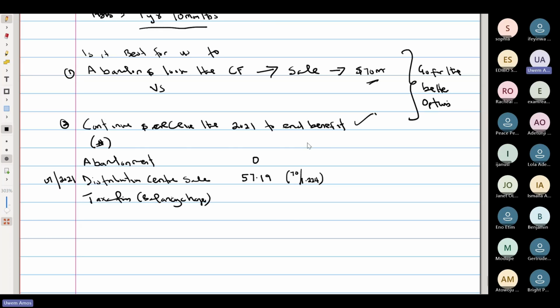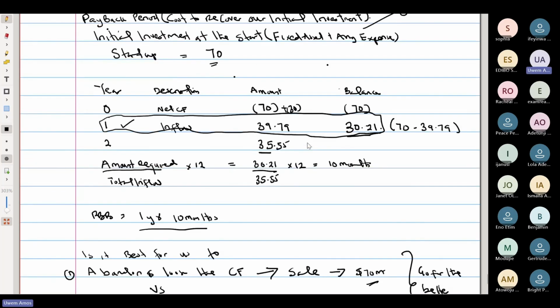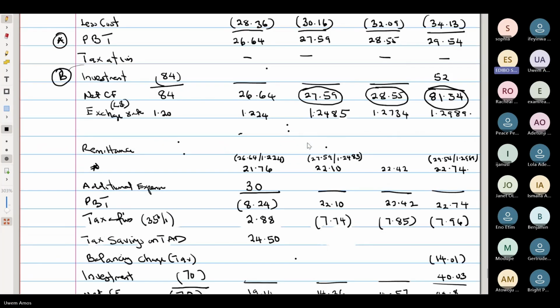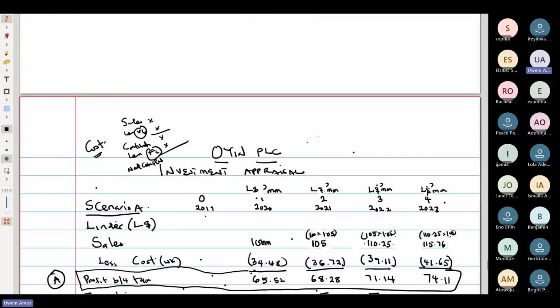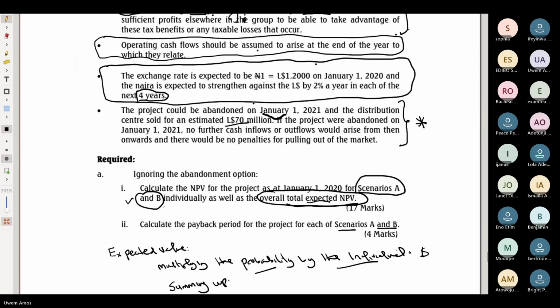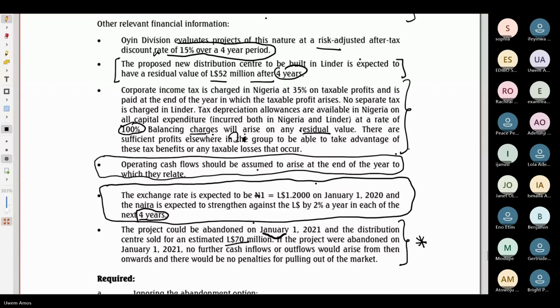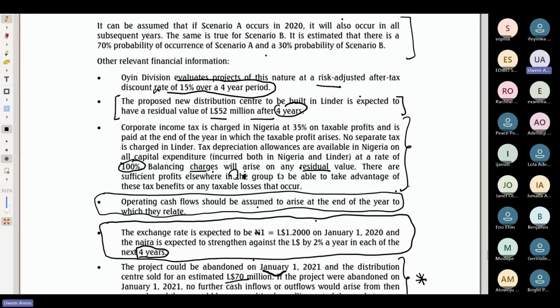Okay, we need to pay tax. When are we going to pay tax? We're not going to pay tax on January 1. We're going to pay tax at the end of the year. Let's go back to our question. The question says that corporate income tax is charged in Nigeria at 35% on taxable profit and is paid at the end of the year in which the taxable profit arises, meaning that it's going to be paid at the end of 2021.